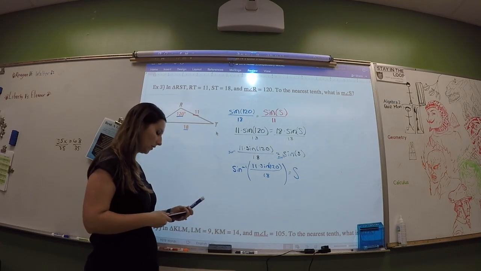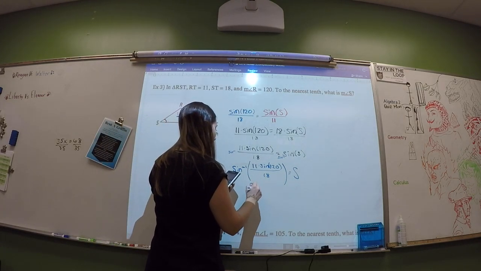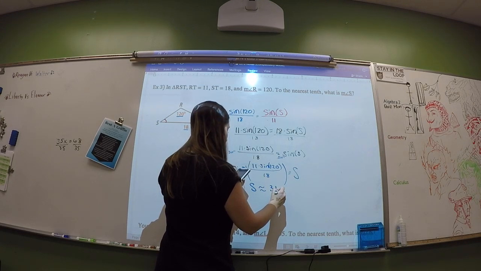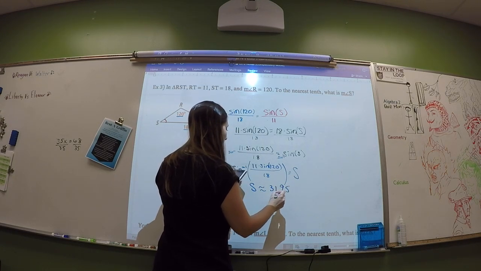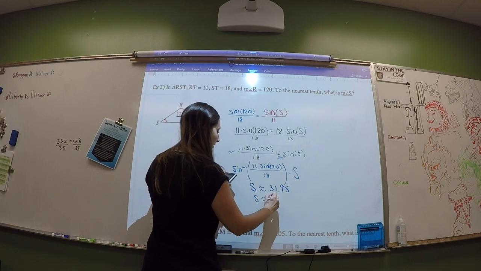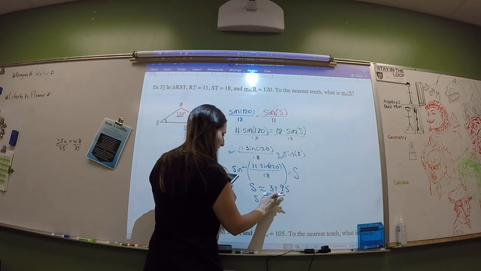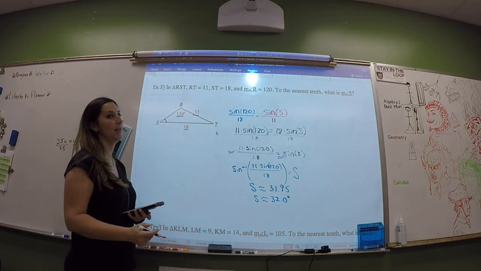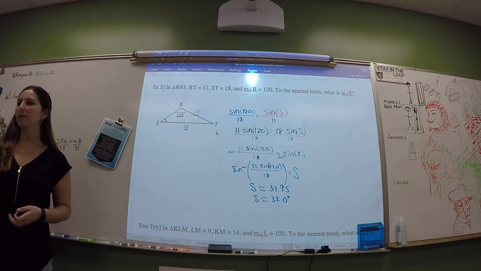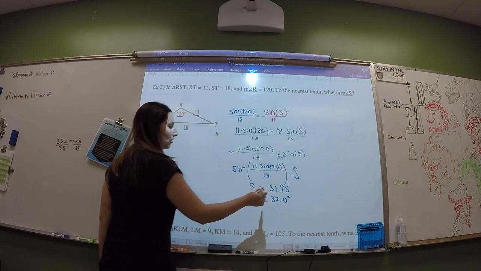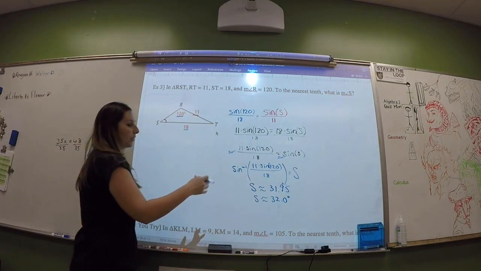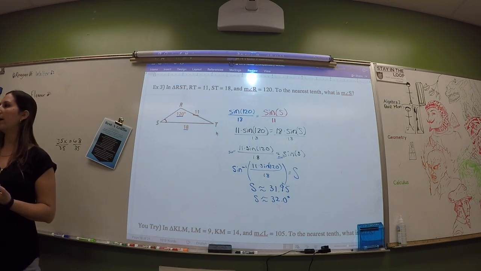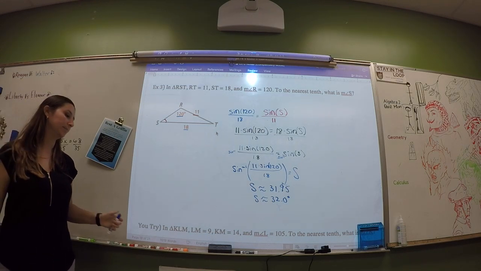Alright, so since this is an angle, I got 31.95, which we're going to round to 32.0 degrees if you're rounding to the nearest tenth. So that's how that works. If you have to round all the way up, you just put the 0.0 in it.